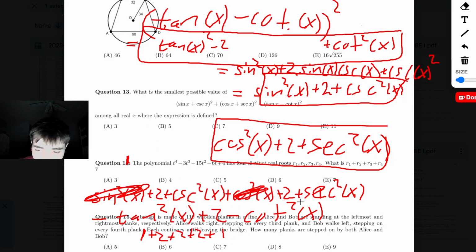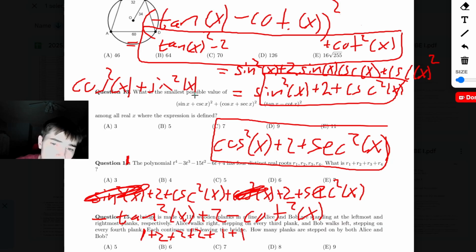And then same deal. Cosecant squared of x minus cotangent squared of x is also equal to 1. And then actually I'm going to check that one. So cosine squared of x plus sine squared of x equals 1. Okay, how do I check cosecant squared minus cotangent squared?